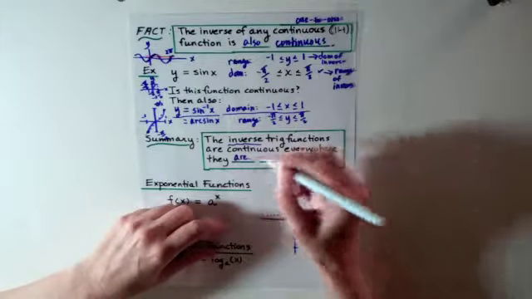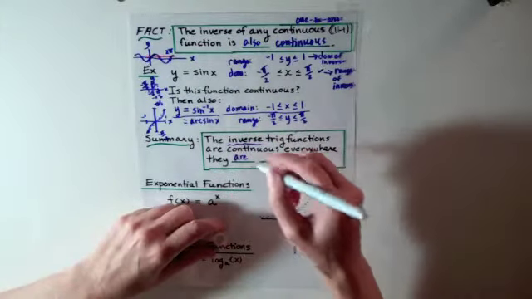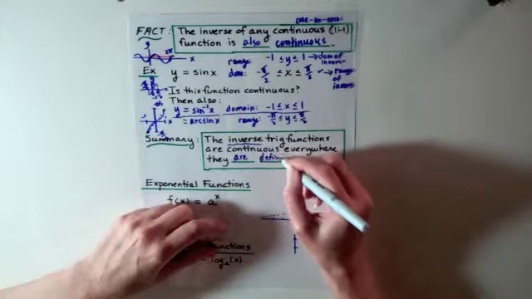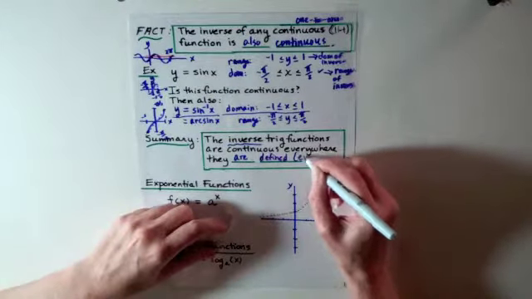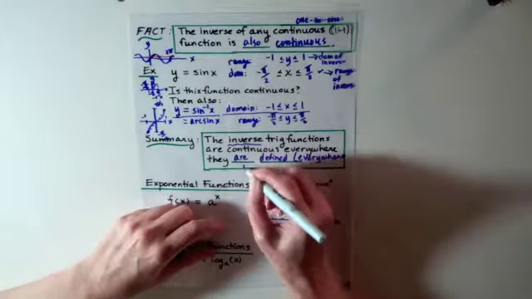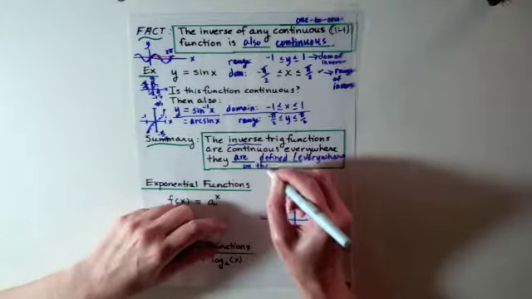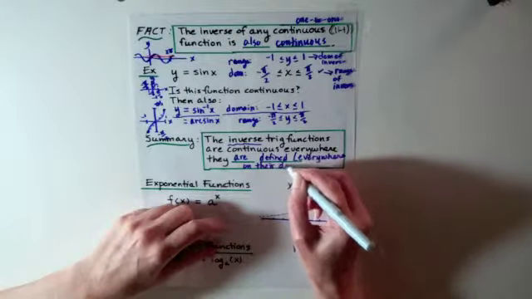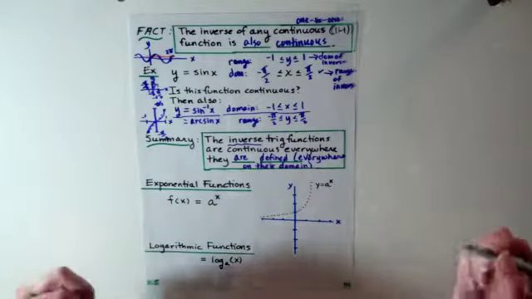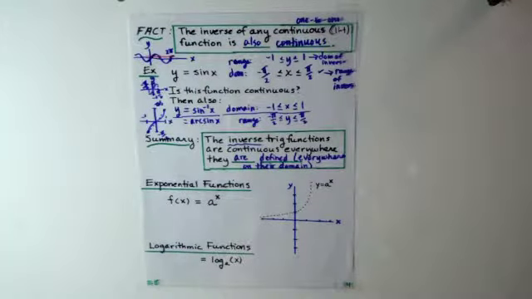So I'm going to put down that the inverse trig functions are continuous everywhere they are defined. Or another way of saying it is everywhere on their domains. So if the inverse trig function is defined at a particular value of x, it's also continuous at that value of x.